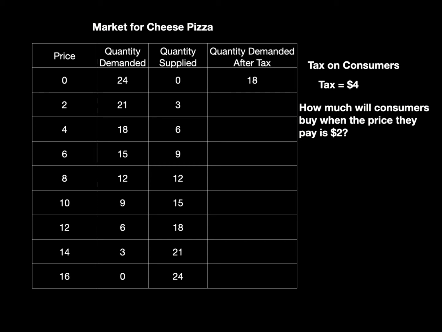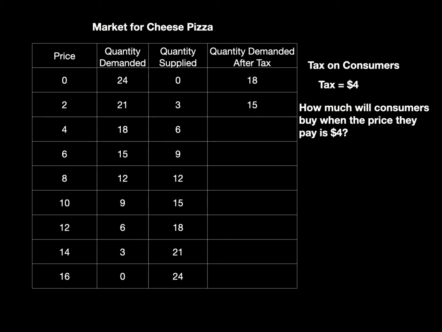How much will consumers buy when the price they pay is $2? If consumers are paying $2 to producers, after they pay a $4 tax to the government, they'll actually be paying $6. You can see, looking at the old demand schedule, that when the total price that they pay is $6, quantity demanded will be 15.